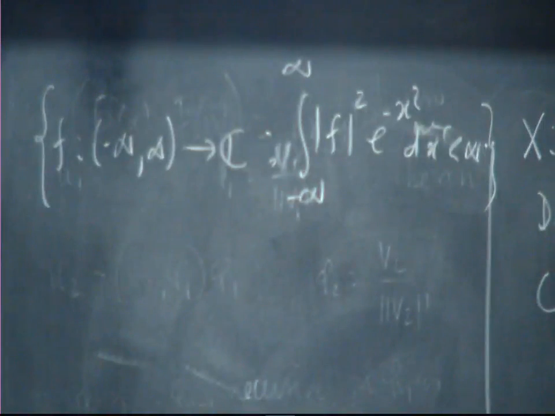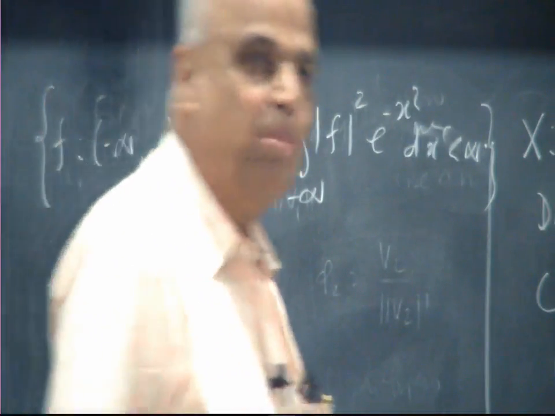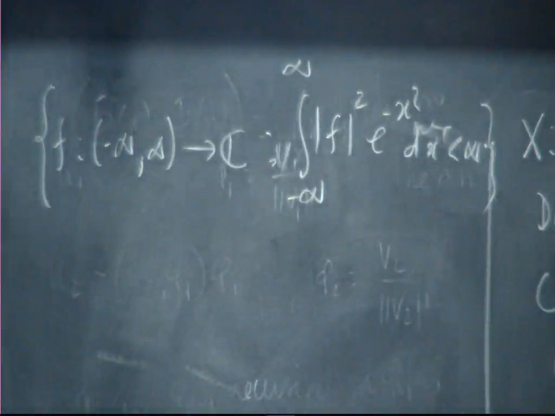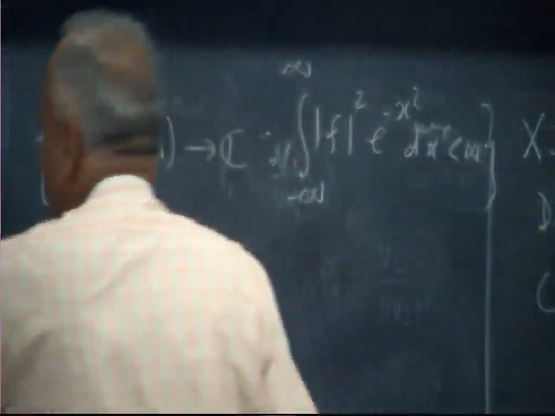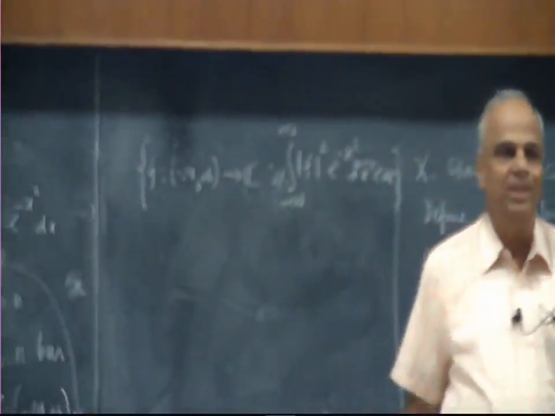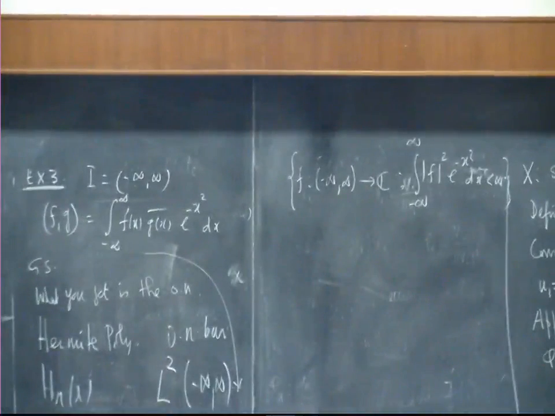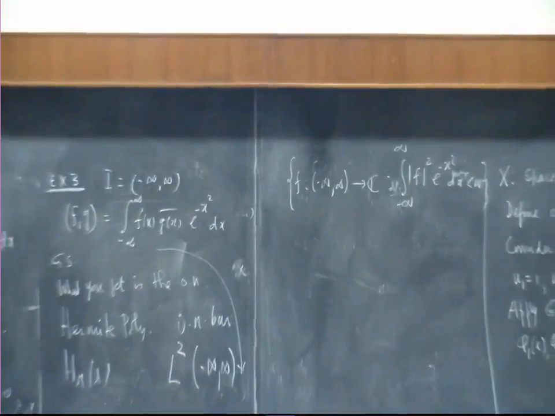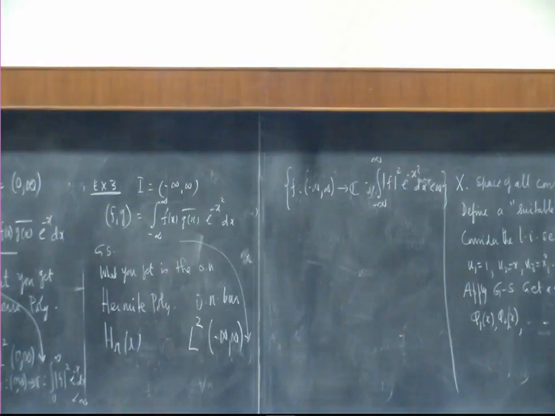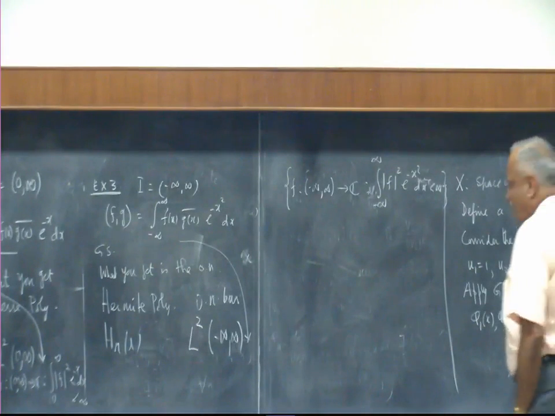Where was I? Incidentally, the physicists put e to the minus x squared and the probability theorists put e to the minus x squared by 2, to identify it with 2 sigma squared, with variance 1 and mean 0. So, e to the minus x squared by 2 is the probabilist notation, a slightly different normalization of the same Hermite polynomials, while the physicists originally started with e to the minus x squared.